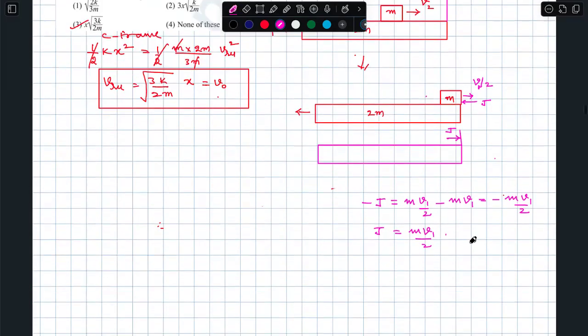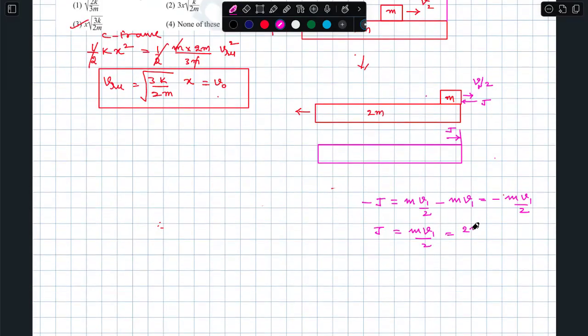And by the way, what is mv1? This is nothing but 2mv2. So what is impulse? mv2. Right. Now on this, if I apply the same impulse concept, initially you will have velocity v2. Because of the impulse, velocity might change.